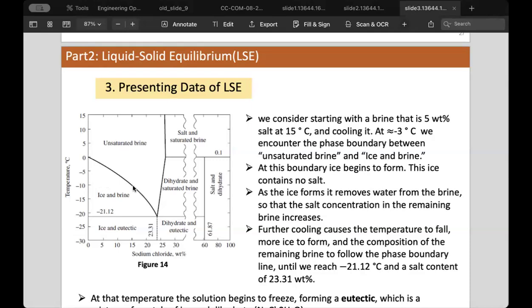The concentration of ice is 0 sodium chloride. And what about brine? For the concentration of brine, you should look at this 10 degrees Celsius. The concentration, of course, increases because you lost some water, because some water already formed ice.